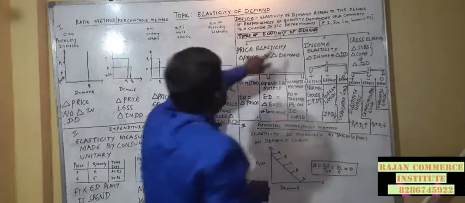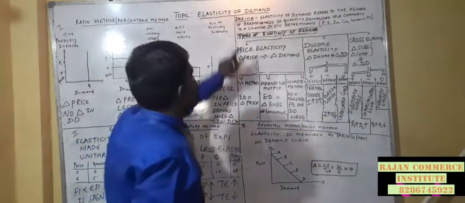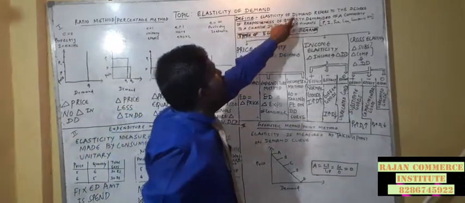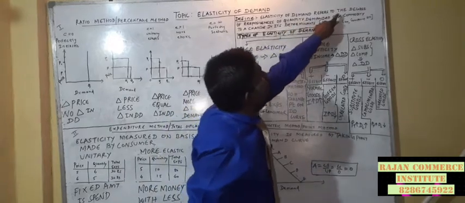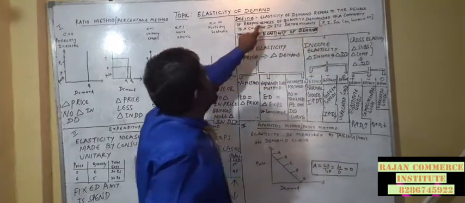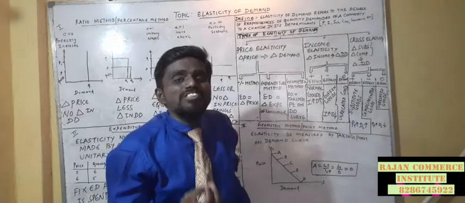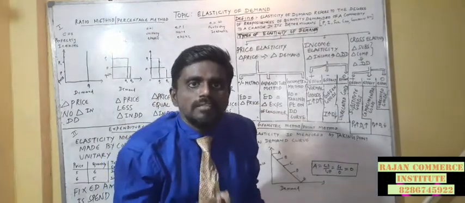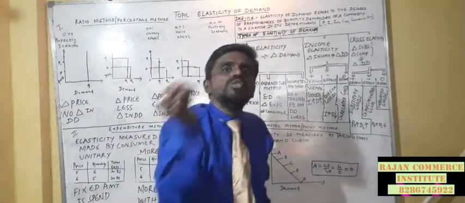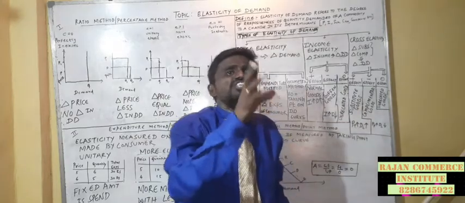So elasticity of demand refers to the degree of responsiveness. How much degree of responsiveness that consumer is giving to that particular product with the change in the price.